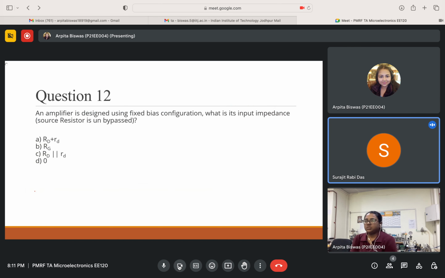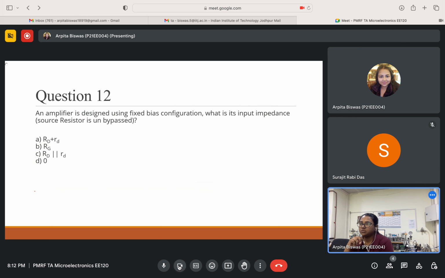This is question number 12. An amplifier is designed using a fixed bias configuration. What is its input impedance? It is also for the common source. The impedance is very high on the input side.